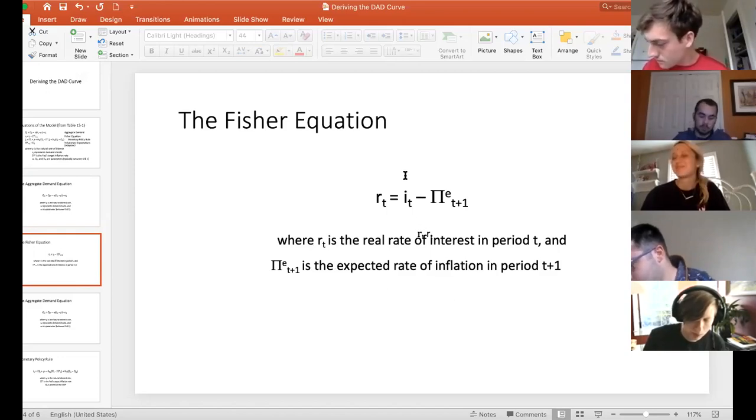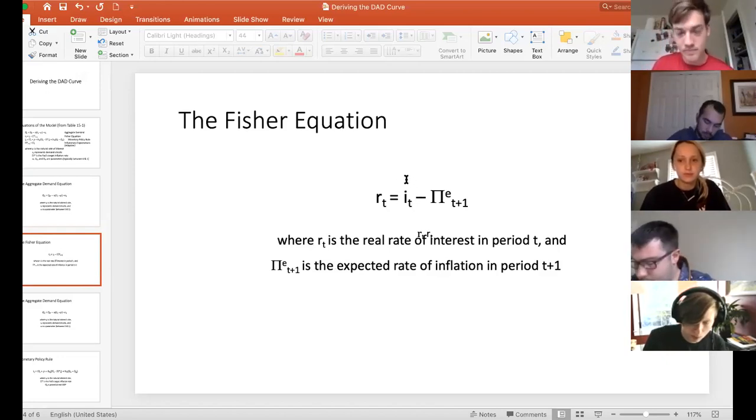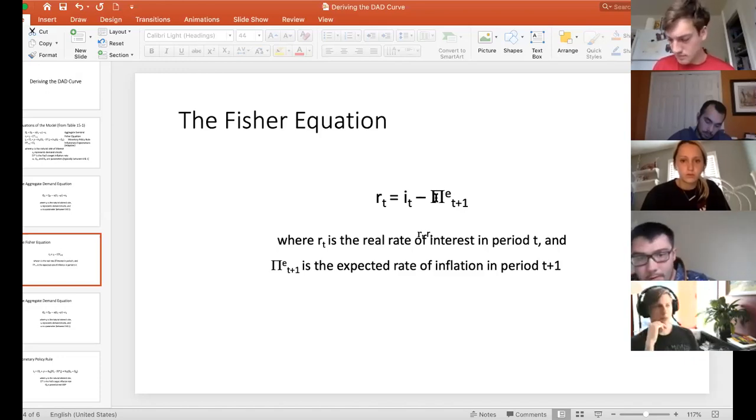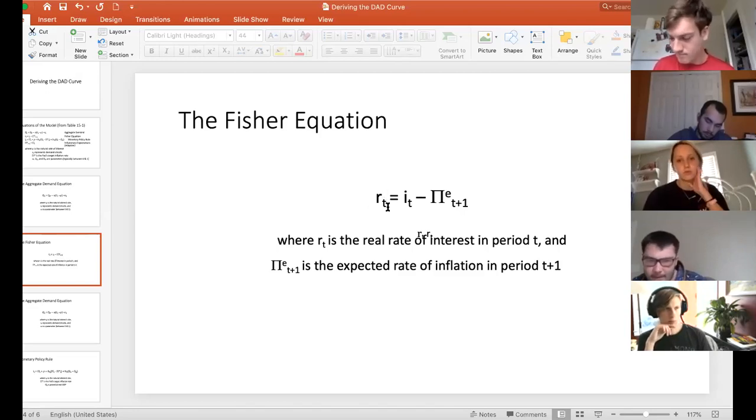So the idea is you make a loan, you're a lender, you charge little i sub t. When you get repaid, what your money is actually worth is i sub t minus the inflation that existed over the life of the loan. Okay, so your real return, your real interest rate may be less than or even greater than what the nominal interest rate was, depending on how accurately you anticipated inflation.